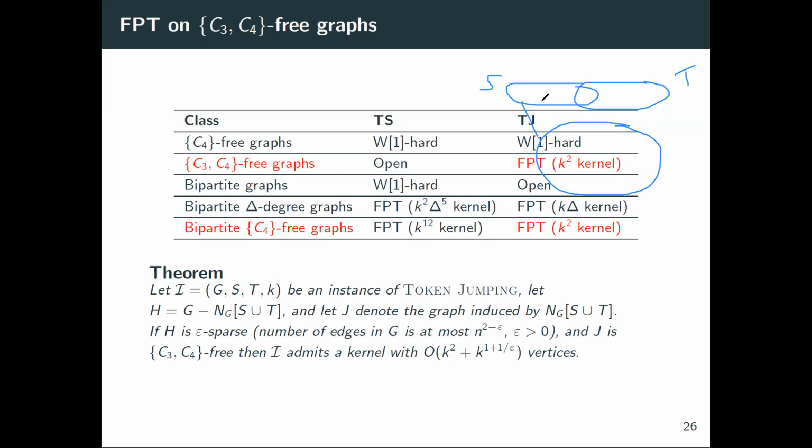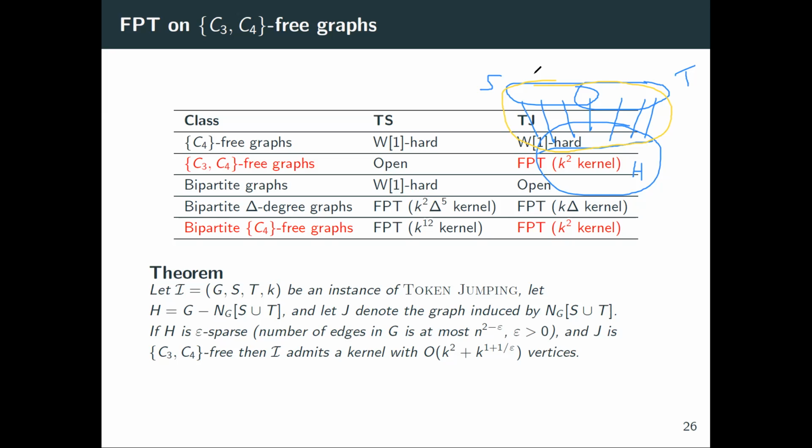Then you have the neighborhood of S union T, and then you have the rest of the graph. We're going to call the rest of the graph H, and the closed neighborhood of S union T, this yellow part here, we call J. So we can think of our graph as being decomposed into those two areas, H and J.